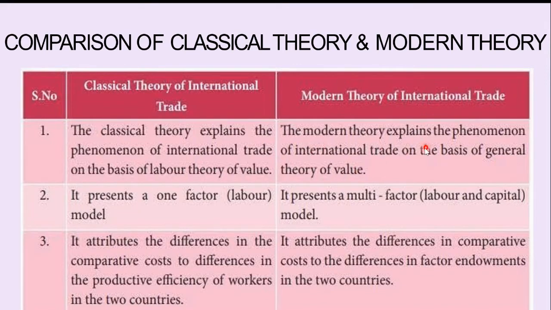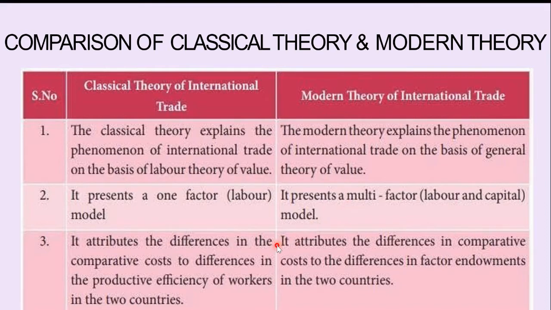The modern theory explains international trade on the basis of the general theory of value. The classical theory presents only one factor, that is labor. It presents a one factor model. Here it is multi-factor, labor and capital. It presents a multi-factor model.